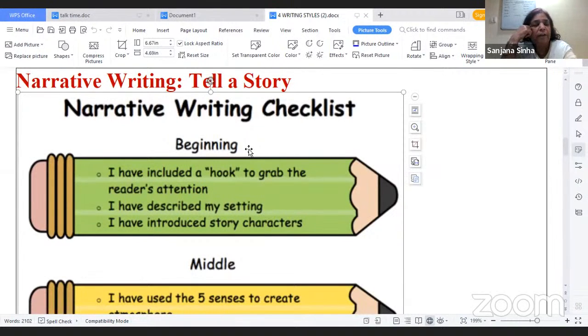It means your title should be interesting. Then you will describe the setting.